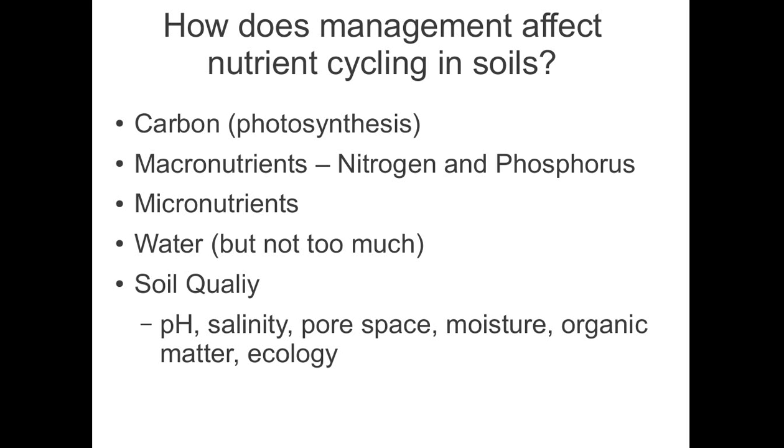You don't want your soil too saline, or else it pulls water out of the plants and basically makes your plants shrivel up and die. We talked about pore space, soil moisture, organic matter, and when I say ecology, I mean the microbiology of your soils, the soil food web.